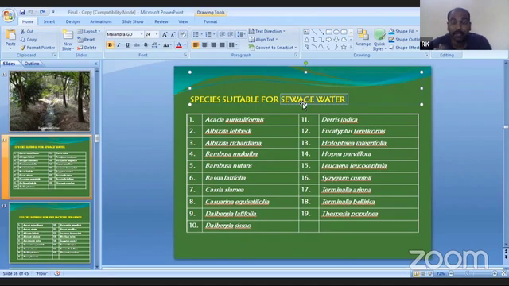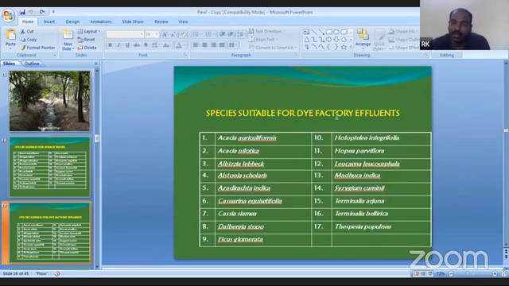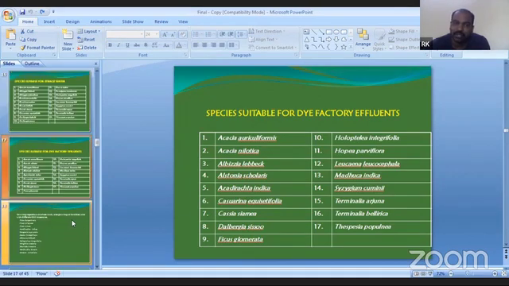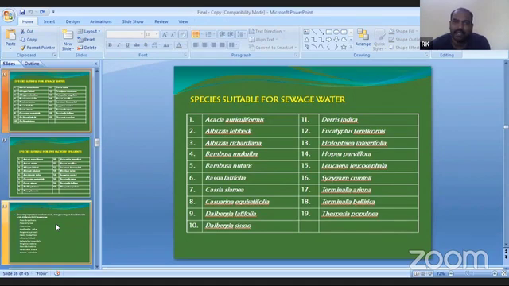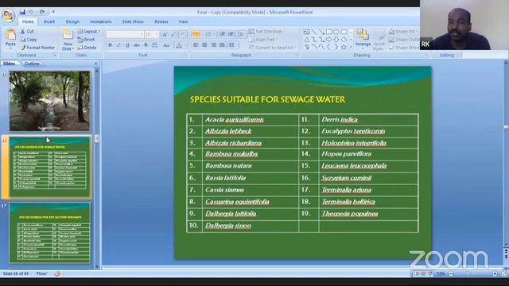If it is a dry effluent area, you select these 17 species. Suppose it is a rock area, you select these other species. But mostly these three categories, all the areas in India come under these three categories. That's why we are putting it like that.